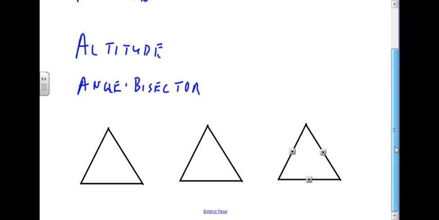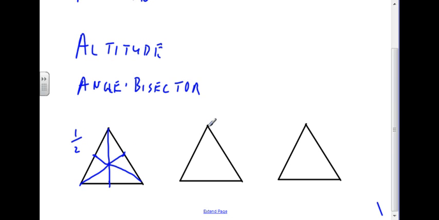So I got random triangles. If I go and I put in a median, so I find the halfway point on each of those sides, and then I draw lines, I'm going to hit in the middle.